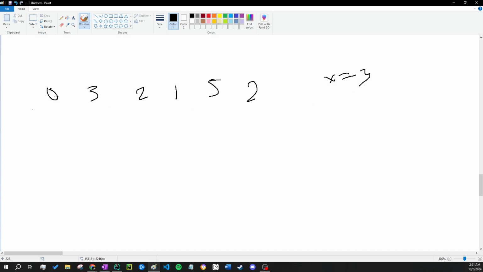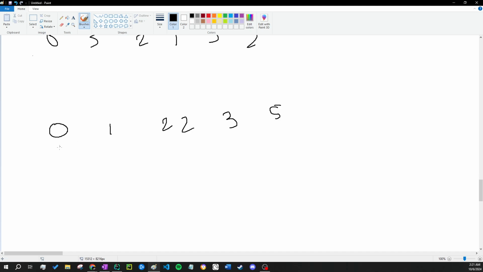The minimum value right here, the max in this case is going to be, so let's sort it. 0, 1, 2, 2, 3, and 5. So we have 0, we have 1, we have 2, we have 3, and we don't have 4. So max right now is going to be 4.